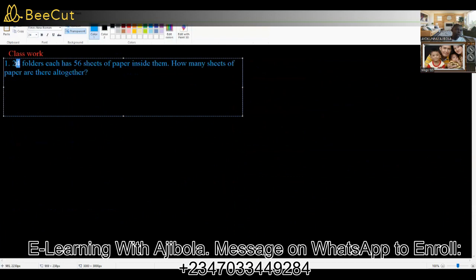This time around, we are not talking about 24 folders, but we'll be talking about 12 folders, with maybe, let's say, 14 sheets of paper inside each of the folders, okay? 12 folders, each has 14 sheets of paper inside them. So how many sheets of paper are in the 12 folders altogether?